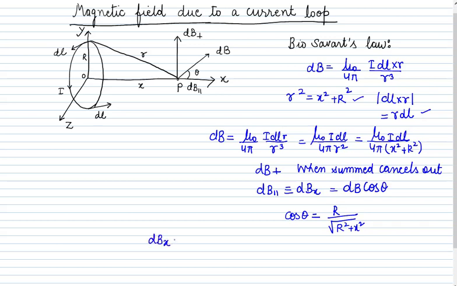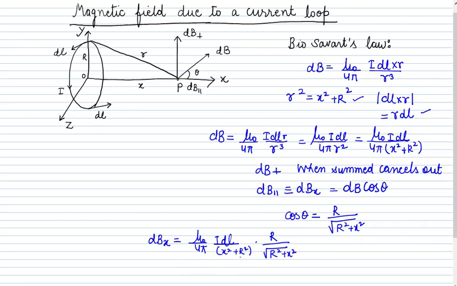In the Biot-Savart's law, we have only the x component. This is equal to mu naught upon 4 pi I dl. This is the value of dB we have put, which has x square plus r square in the denominator. Then dBx is equal to dB cos theta. So this is the value of dB, then we put the value of cos theta. So cos theta is equal to r upon the square root of r square plus x square.